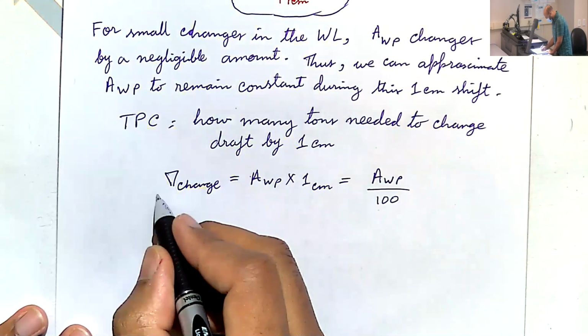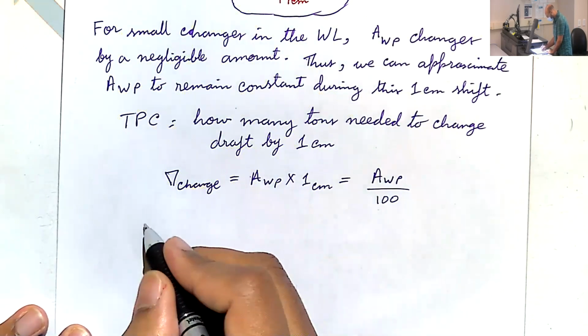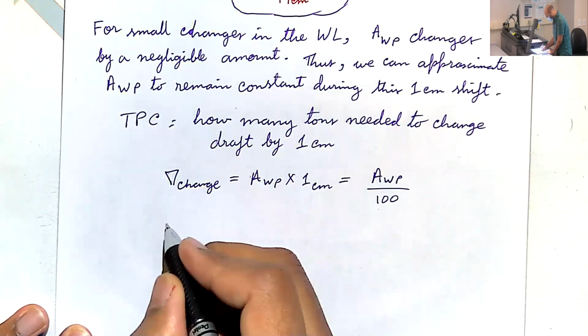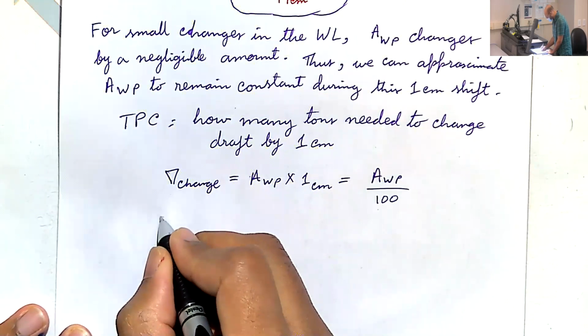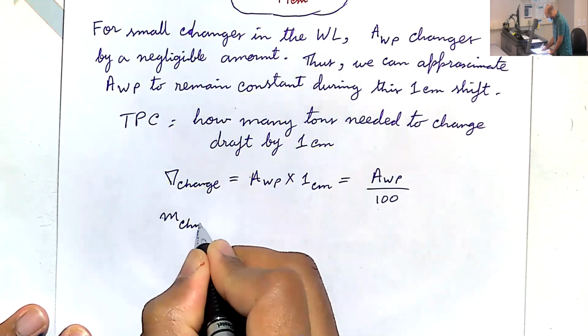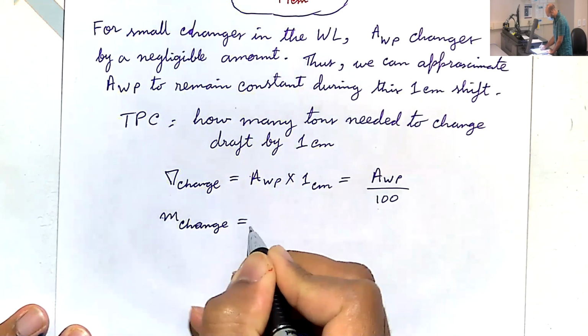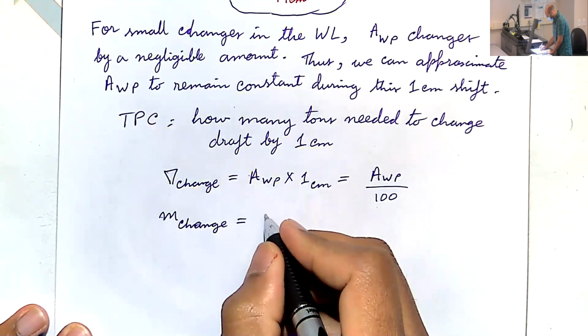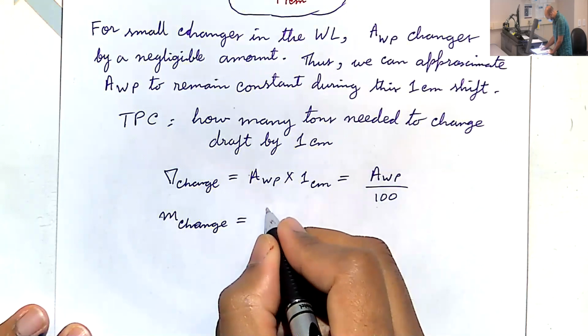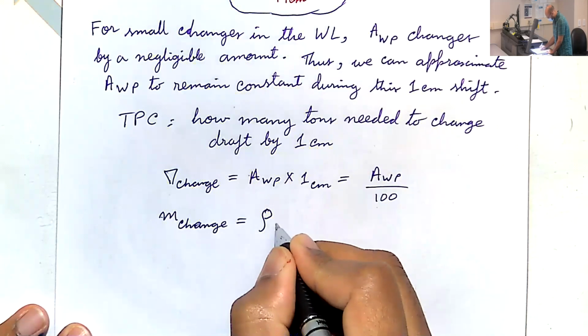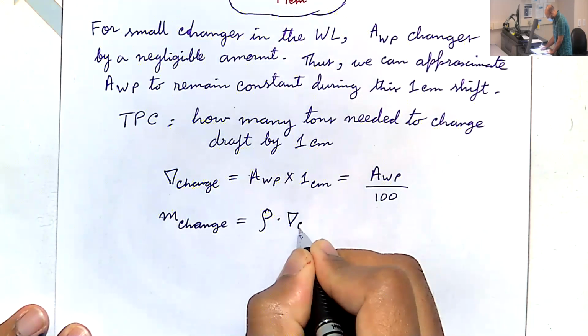That means if I know the change in the displaced volume, I know the mass change is basically rho times the volume change.